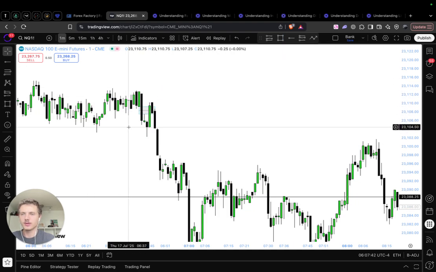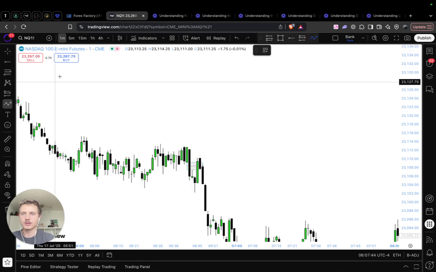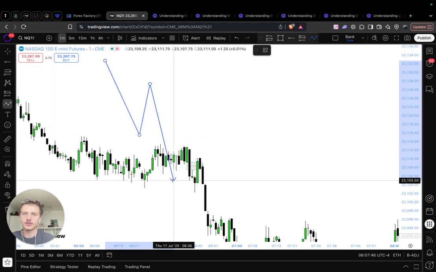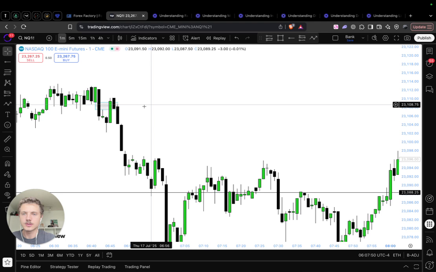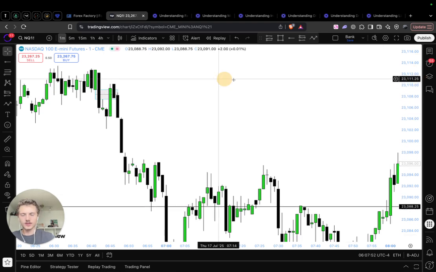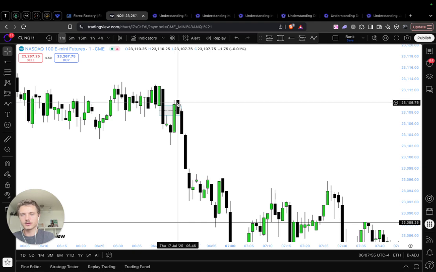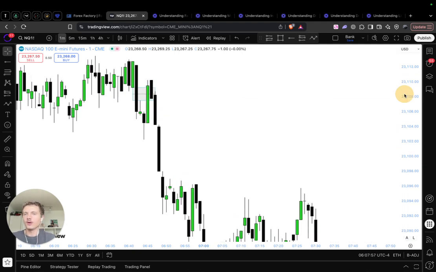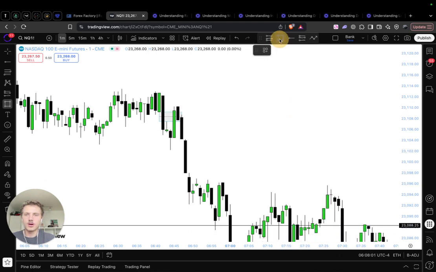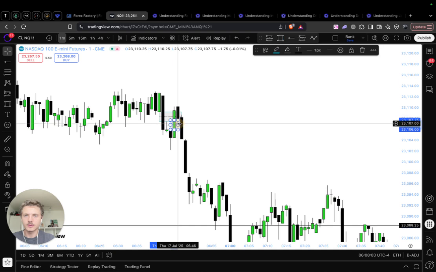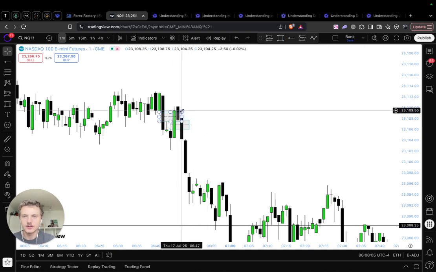Disregard all of this chop and just imagine it's a nice looking trend from here, down, up, and then where we are now in price. So we have this condition. Also disregard that we did close above it. Now all we're waiting for is price rejecting our condition.